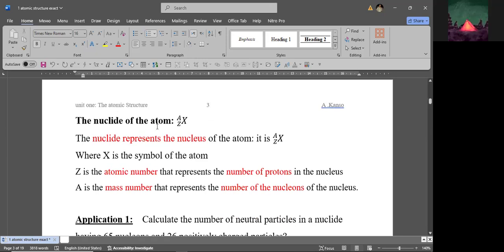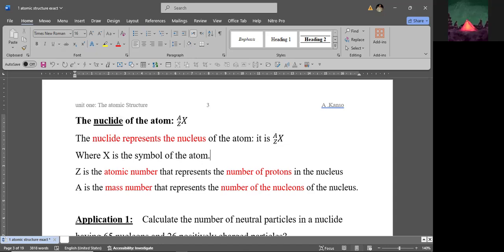The nuclide of the atom: how to represent the nucleus of the atom. It is written as X with Z and A. What is X? X is the symbol of the atom. Every atom has a symbol.